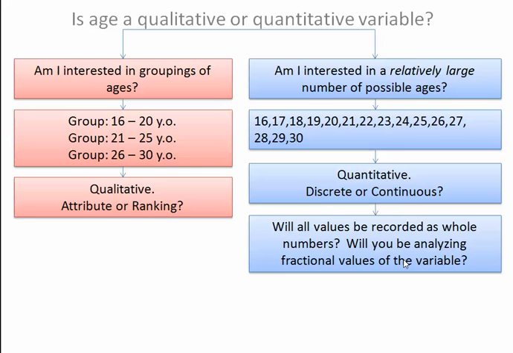So when I'm looking at quantitative variables and I'm trying to decide whether it's discrete or continuous, I ask myself a couple of questions. The first question is, will all the values be actually recorded as whole numbers? If they're going to be recorded as whole numbers to the original unit, let's say age in years, then I know that those values are going to be discrete.